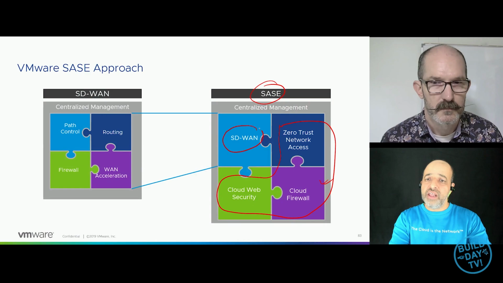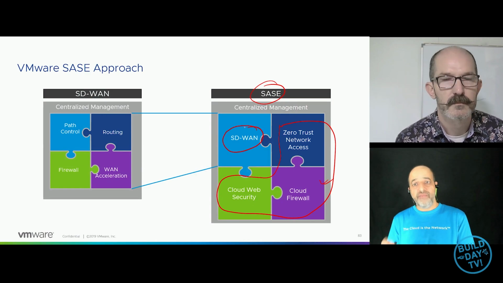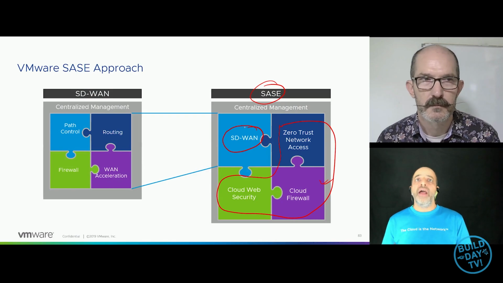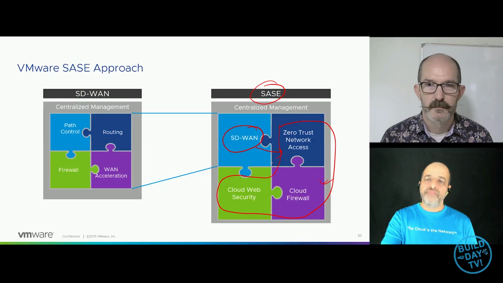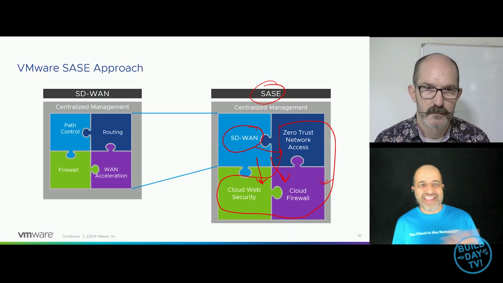So with VMware SASE, we are using SD-WAN as a transport component. SD-WAN plays a key role in the SASE, doing reliable transport, and then we use these services for security, and that's where VMware SASE comes into play.